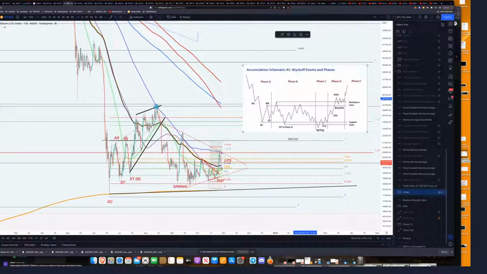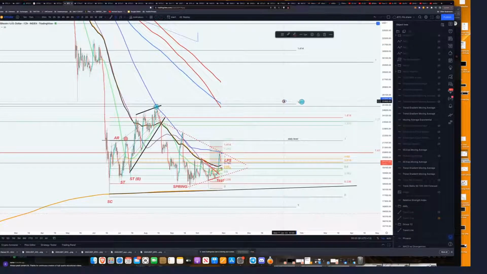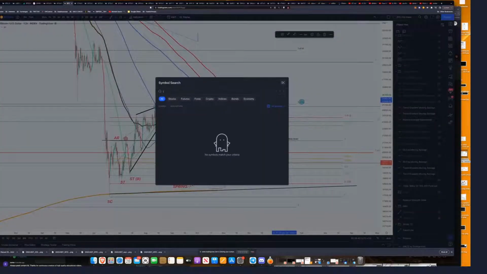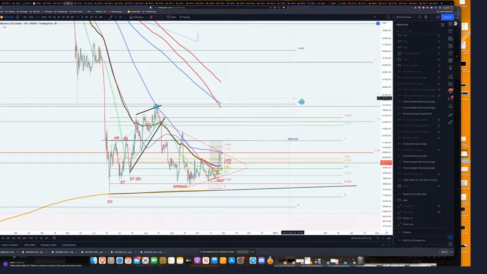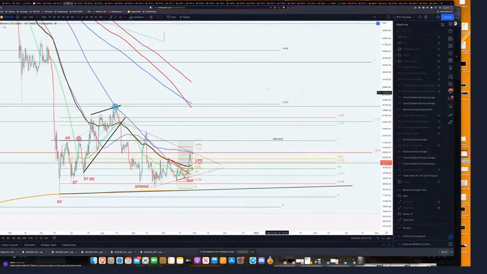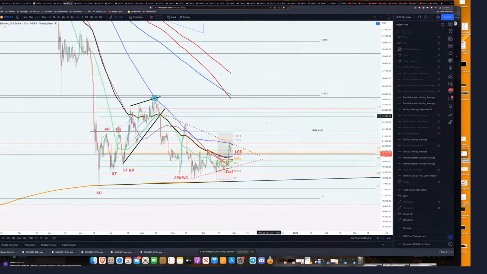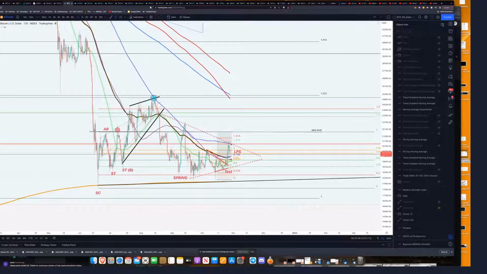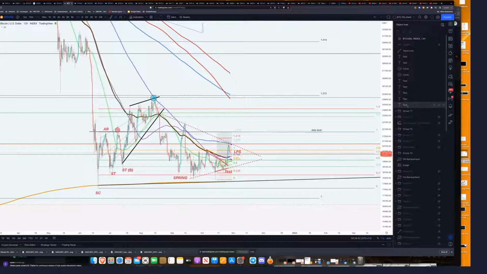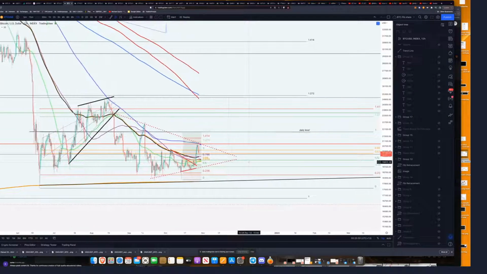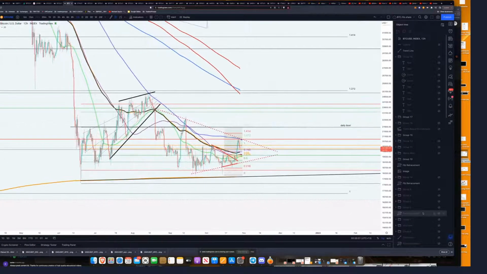Okay, that's the image there. So if this is the Wyckoff accumulation, what we want to do is get rid of these texts. All right. And what we can look at from an image perspective, I don't know where that is.